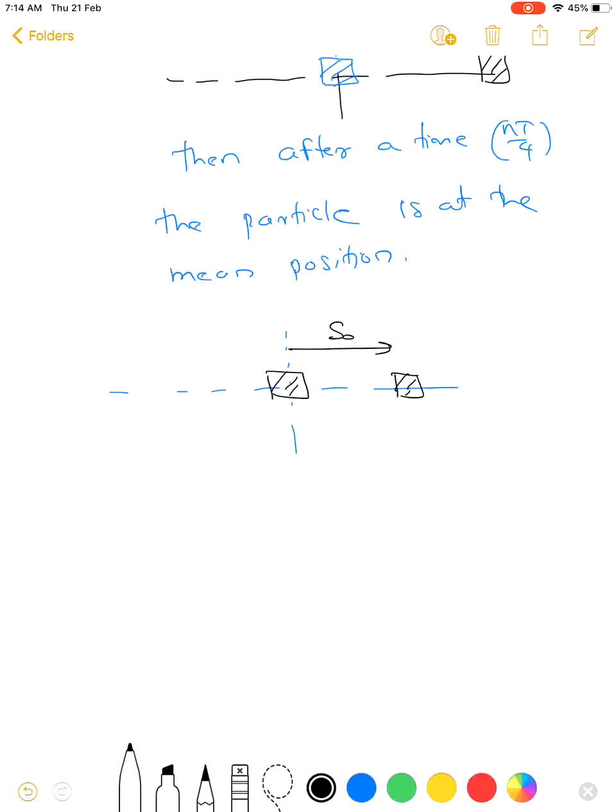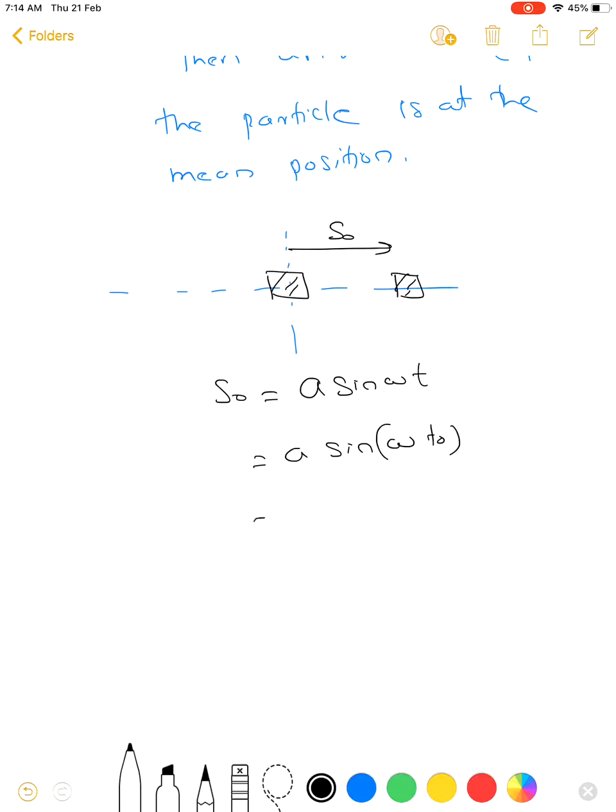So you can write the value of the distance traveled, S naught, as follows. Since the particle is starting from the mean position, we should use the equation a sin omega t. Here the value of time is t naught, so S naught is a sin omega into t naught, where omega is 2 pi divided by T, and we can write t naught in terms of T, that is t minus n T divided by 4.